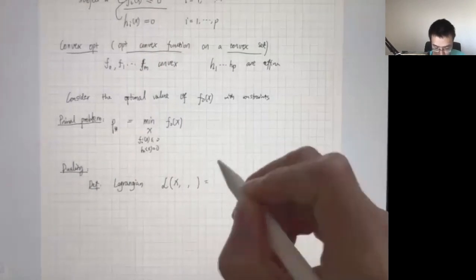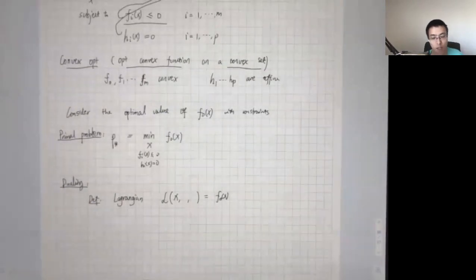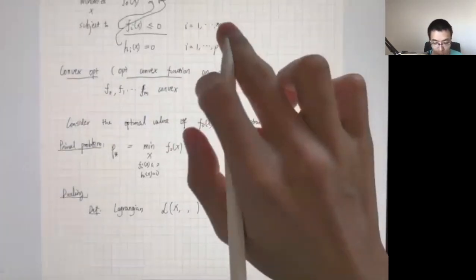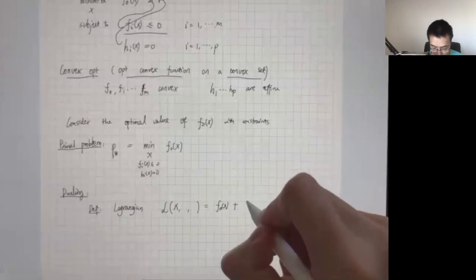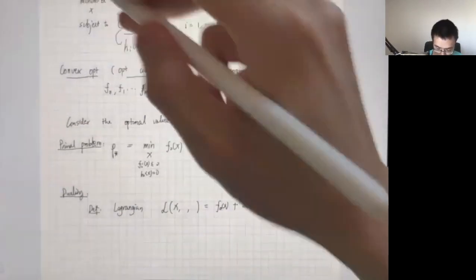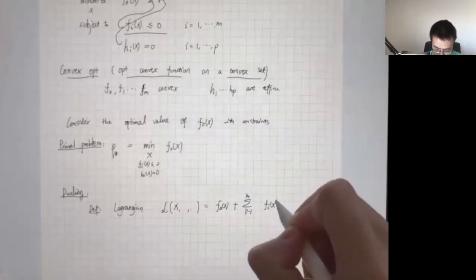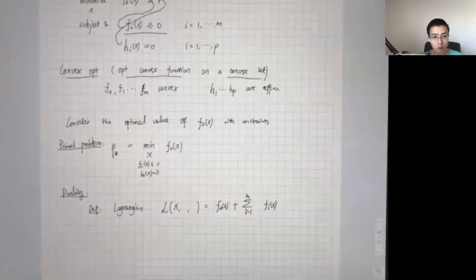So I just leave it here, it is f0 of x. And then for each of the constraints, you have a penalty, okay? So I have m many inequality constraints, so I have a penalty sum over i from 1 to m, fi of x. Then it's the Lagrange multiplier method, right?